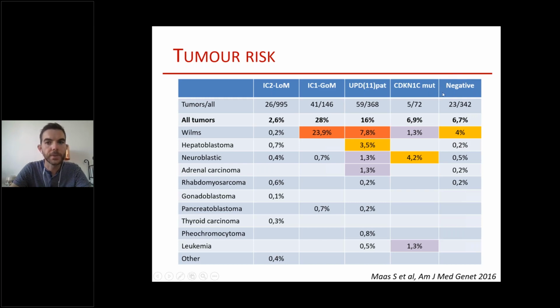So for these 2 groups, the risk of tumor is about 7%. And we defined a low-risk group represented by the patients with ICR2 loss of methylation, because the risk is between 2 and 3%, and especially in this subgroup, the risk of Wilms tumor is very low.